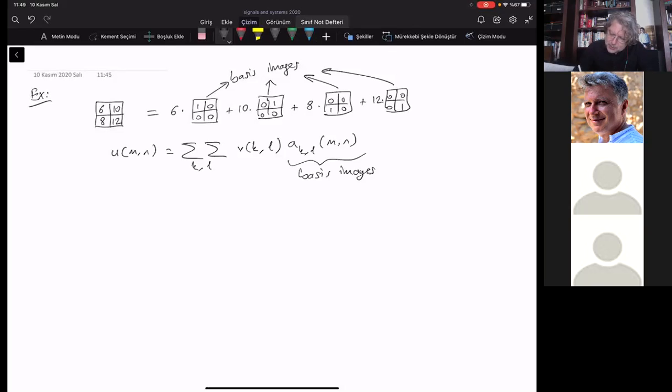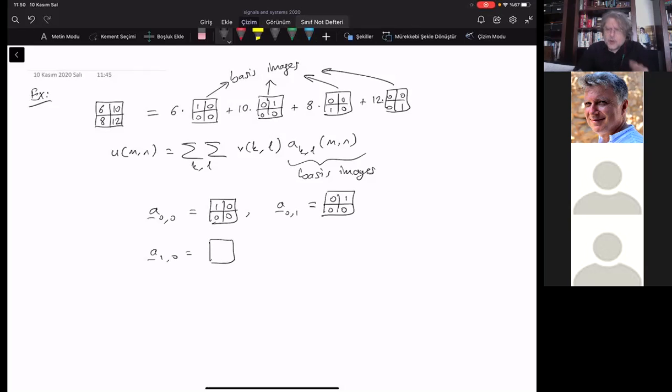Can we show a few examples of what AKL MN are? For example, the A00 basis image is 1000. The A01 basis image is 0100.